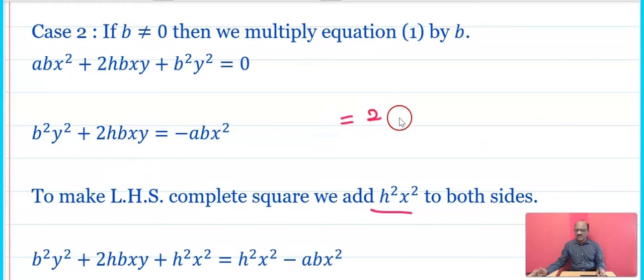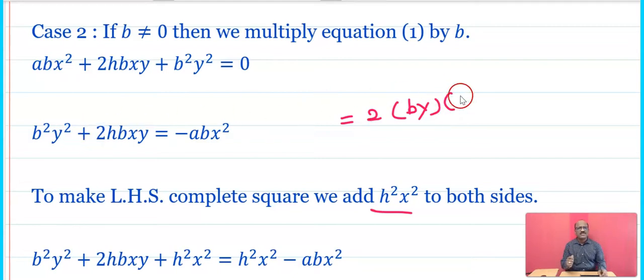Here 2 is common. The first term is by, and this is 2hbxy. Here is 2hbxy, so how can I split it up? 2 in bracket, by into which terms are remaining now?